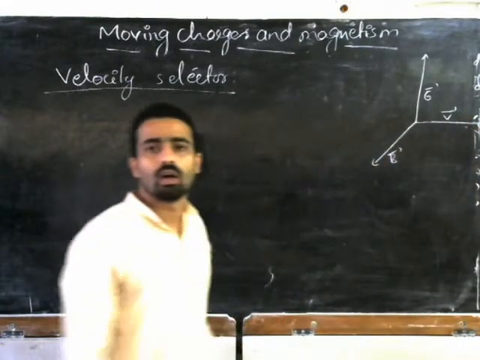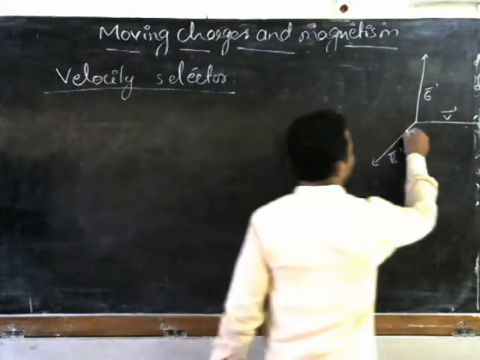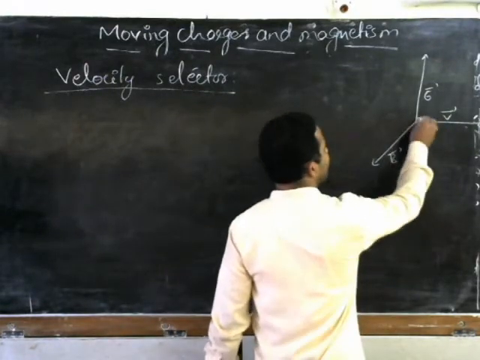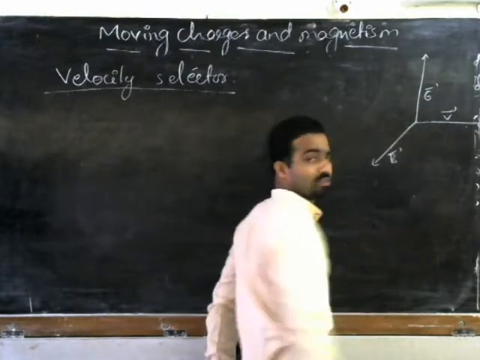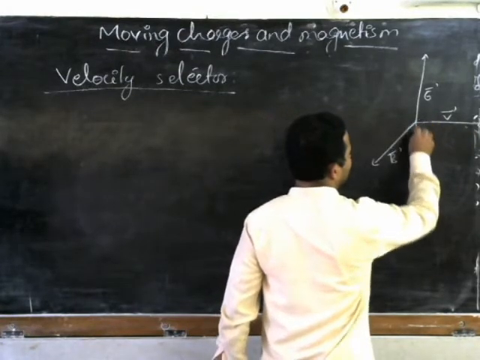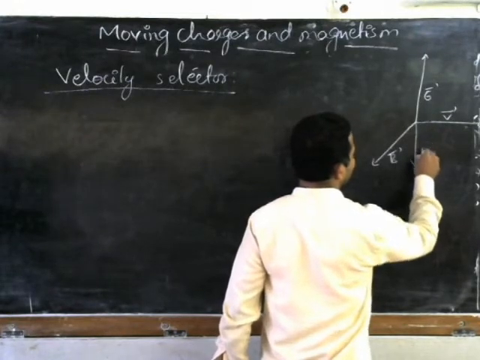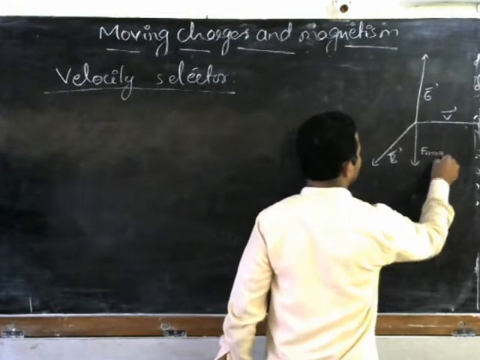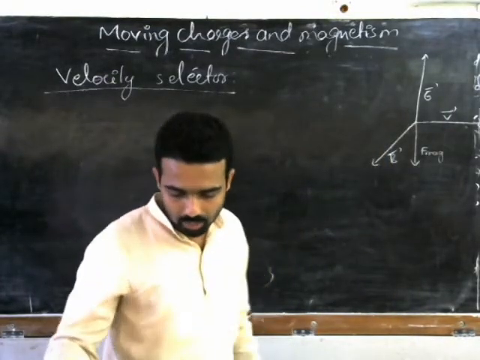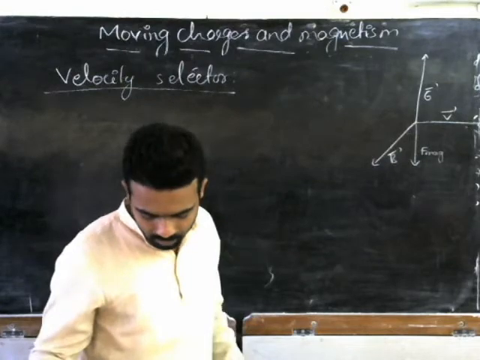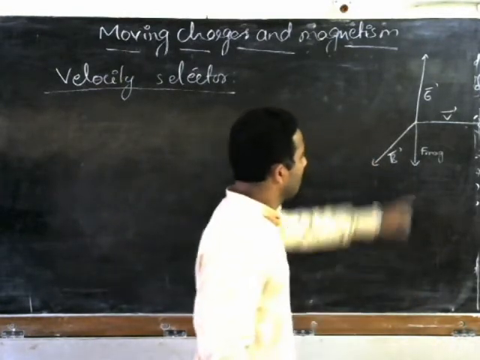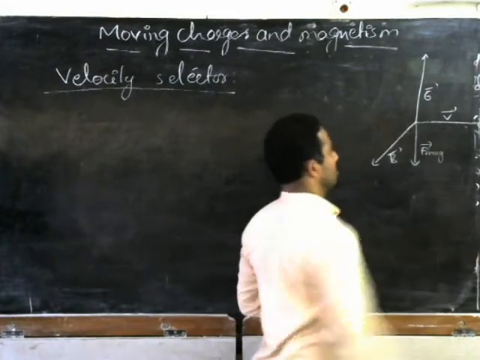If this is so, an angle will be formed between v and B. So the direction of force acting on this charged particle moving along the x direction will be downwards. That is the force due to the magnetic field, since it is moving perpendicular to it.